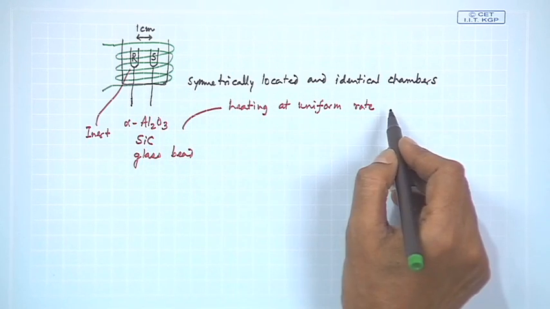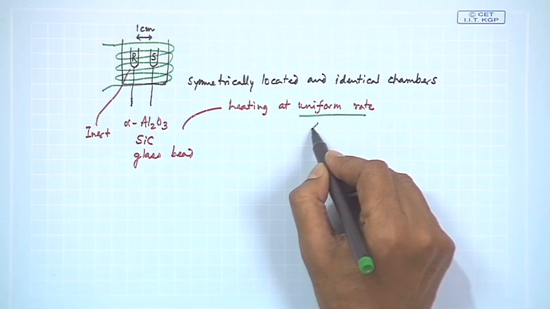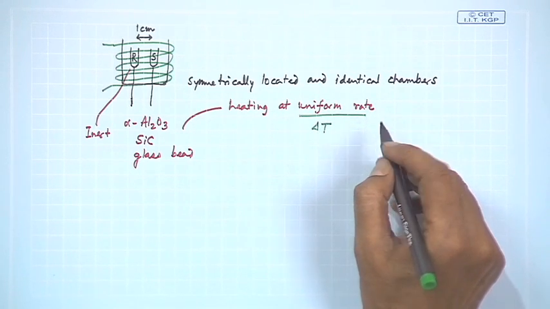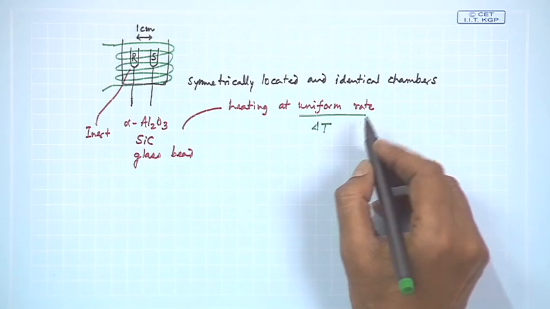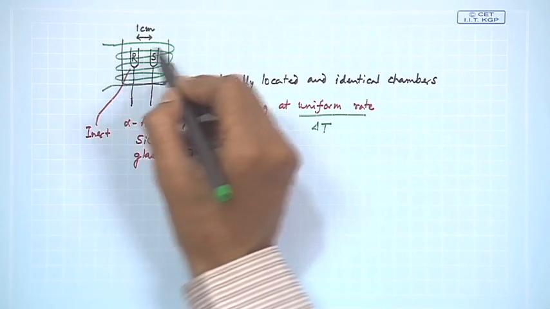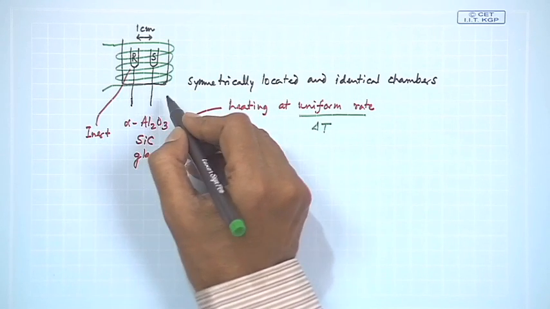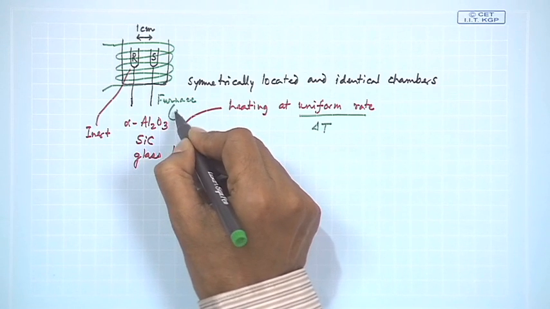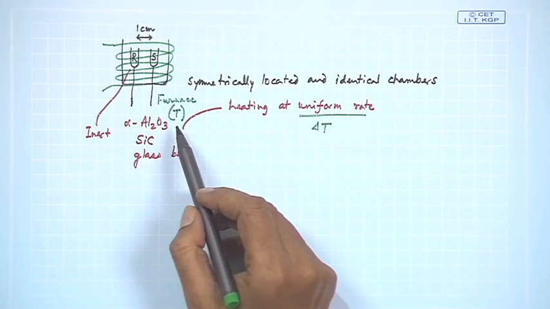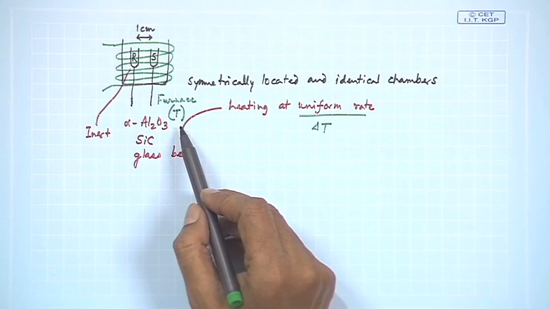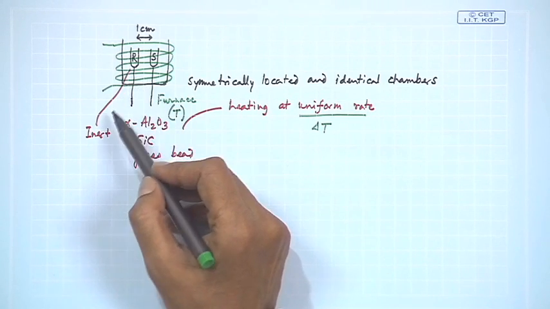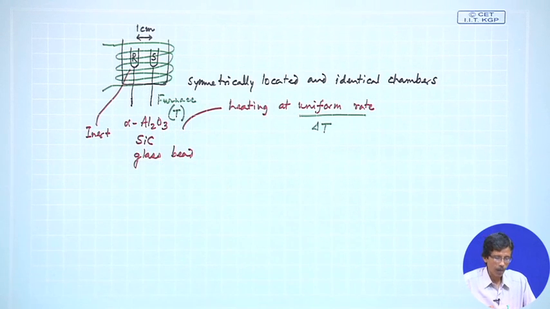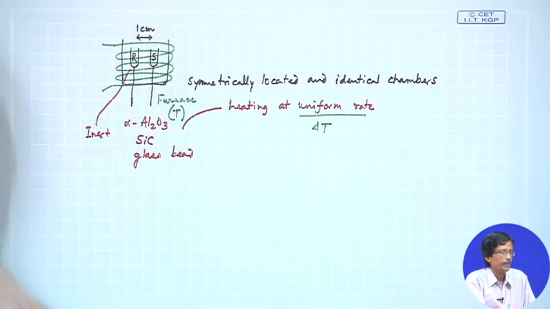When we heat at a uniform rate, we monitor the delta T between these two, and this delta T can be plotted as a function of the furnace temperature. If the furnace is kept at a temperature T, the delta T is plotted against T. This can be recorded and heated with the help of thermocouples and electrical connectivity.